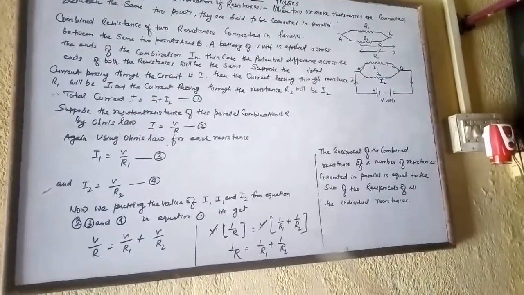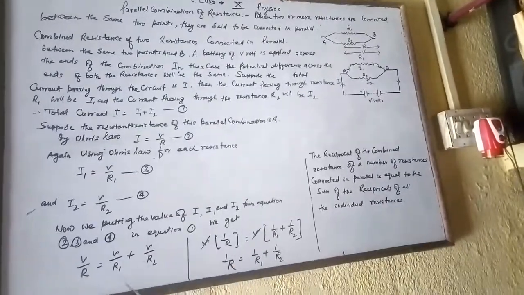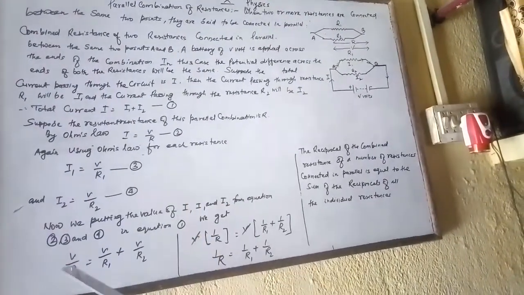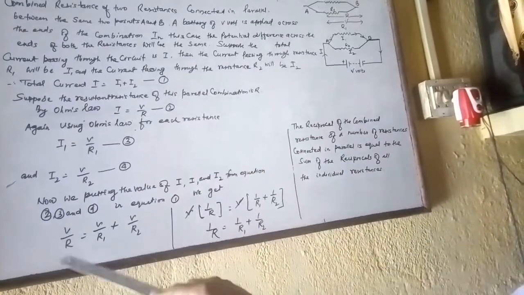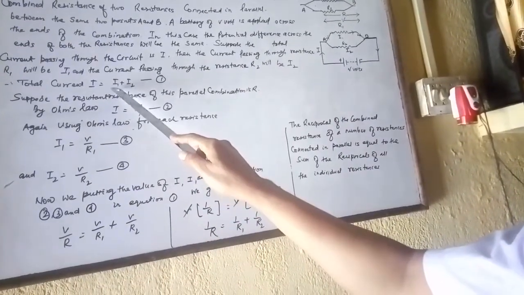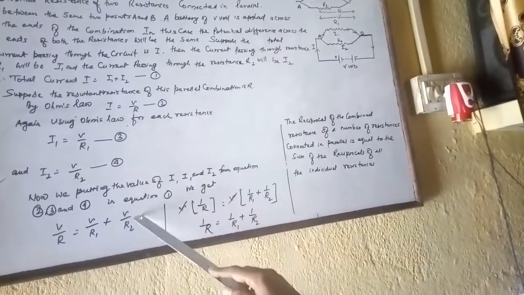Putting the values of equations 2, 3, 4 in equation 1, we get I equal to V by R, that is equal to I1, V by R1, plus I2, V by R2.